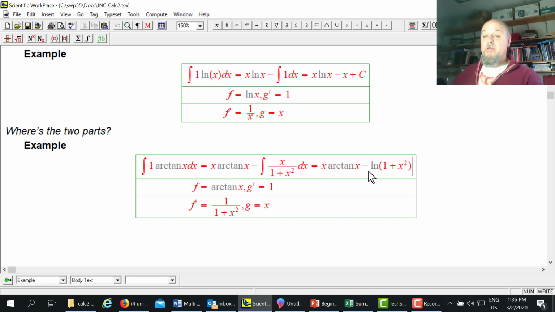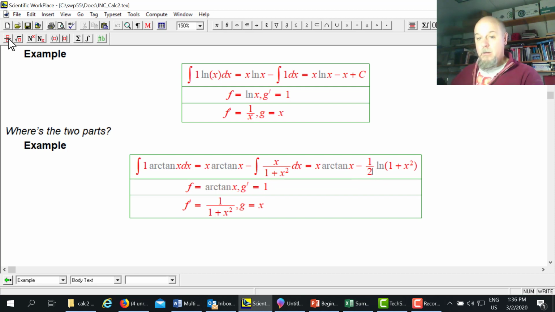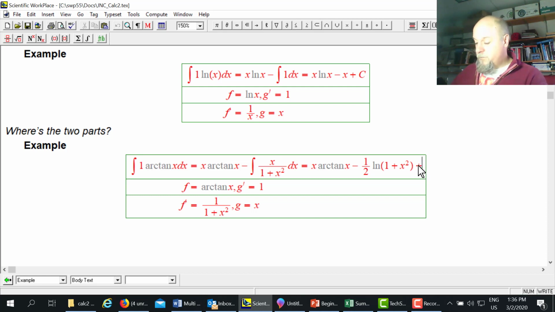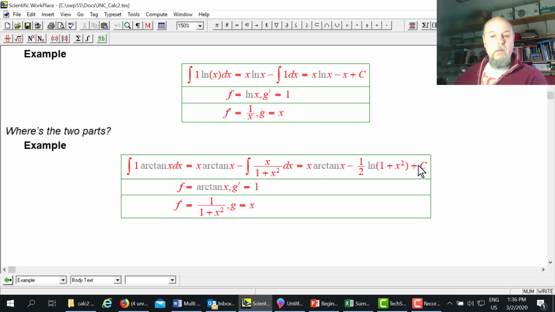Oh, times 2x. So I need a half in front for balance. Now, you could solve this integral by doing a u substitution. I'm sort of guessing and checking, but you could do it with a u substitution as well. Why don't I have the absolute value bars around here? Because 1 plus x squared is always positive, so I don't need the absolute value bars in the ln.